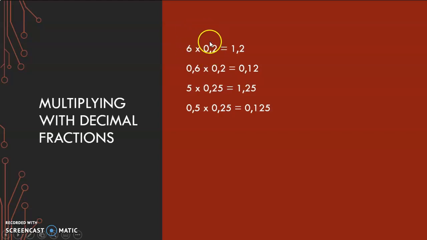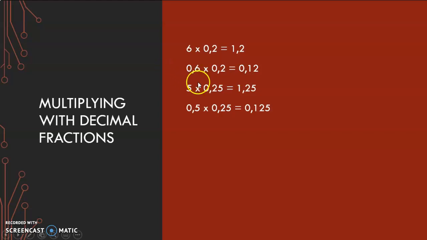So 6 times 2 is 12, but I need to have 1 digit after the comma, so it will be 1,2. If I have 0,6 times 0,2, 6 times 2 is still 12, but now I have 2 digits after the comma, so my answer needs to have 2 digits after the comma, which will leave me with 0,12.